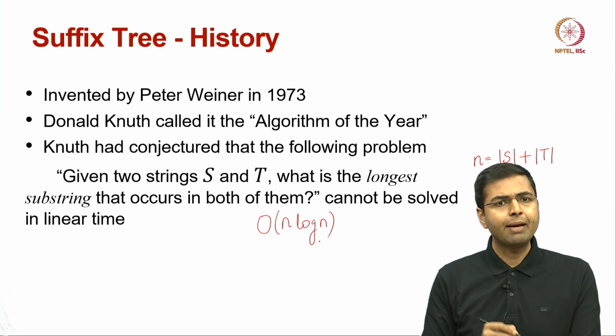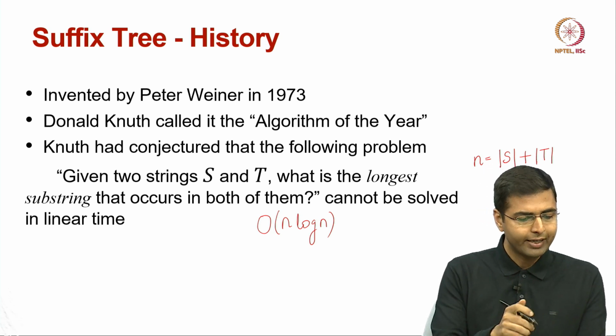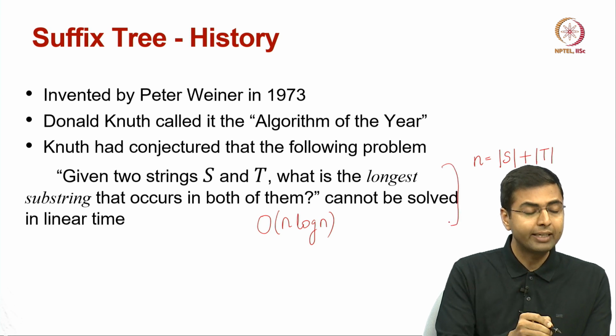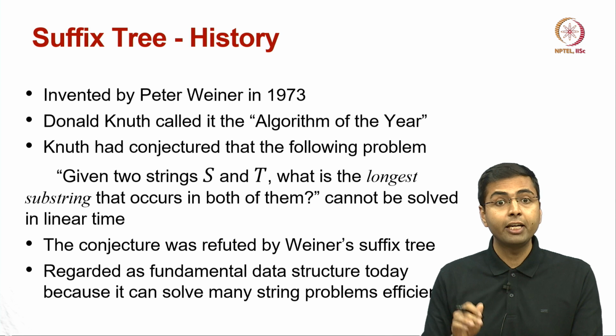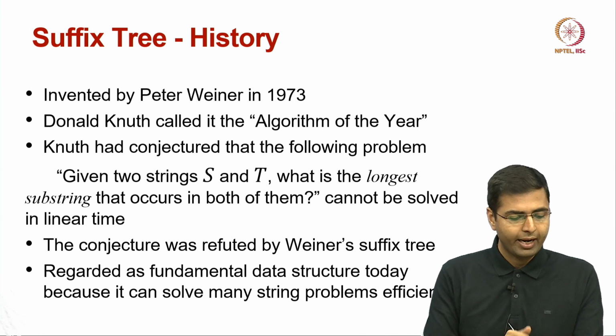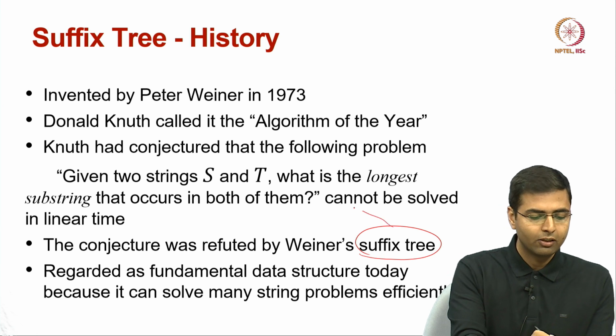It felt like it was too hard to achieve a linear time algorithm, and therefore this conjecture was made by Donald Knuth. This conjecture was actually refuted by the suffix tree, because suffix trees gave a linear time solution to this problem.